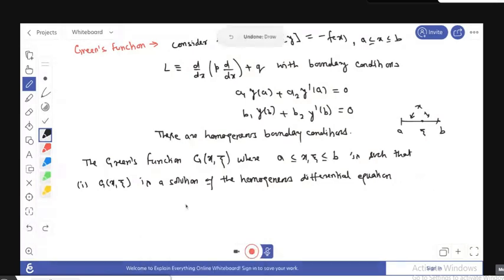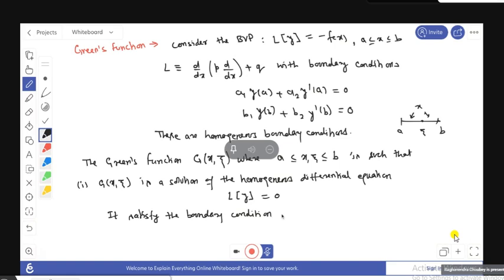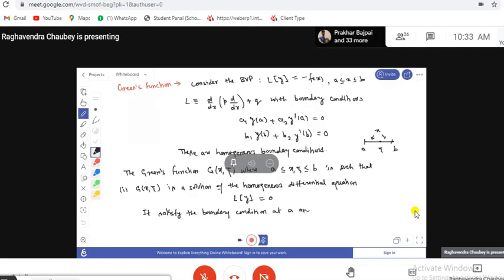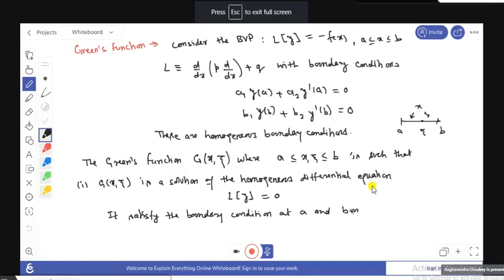So this is a solution of a homogeneous equation, Ly equals 0, and it satisfies the boundary condition at point A and the boundary condition at point B. So this satisfies both boundary conditions.